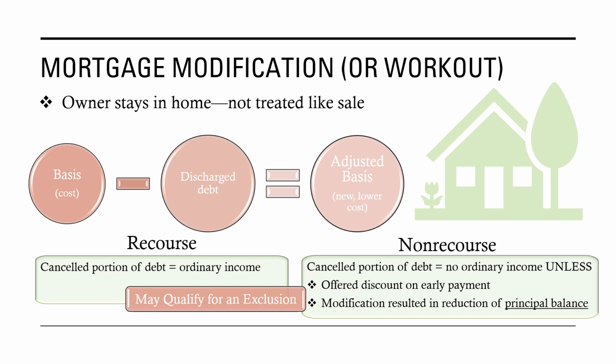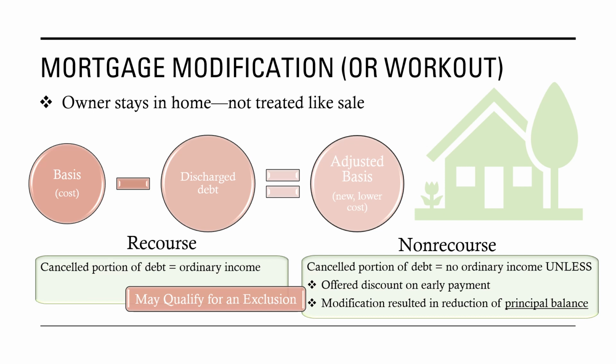In this case, the discharge of debt lowers that basis. It's as if they were getting paid back or refunded some of that cost. So they had the original cost, then lowered it by the amount of the discharged debt, and they get an adjusted basis. So it's a new lower cost.